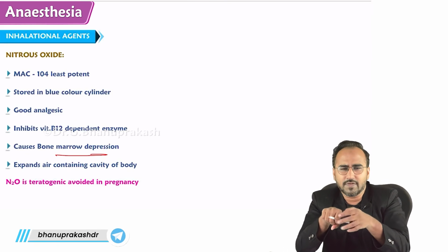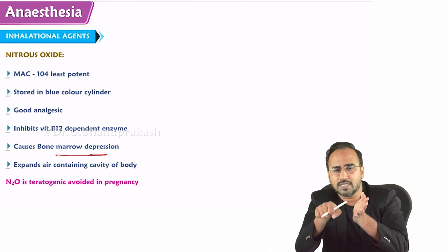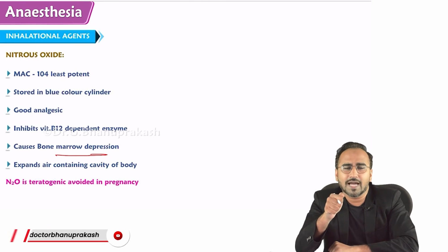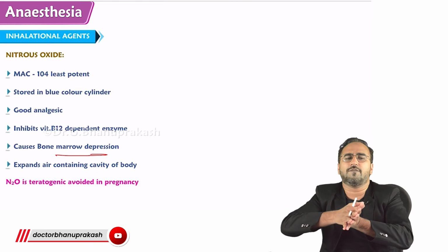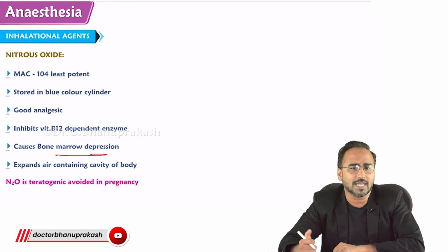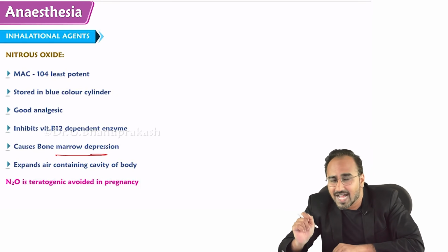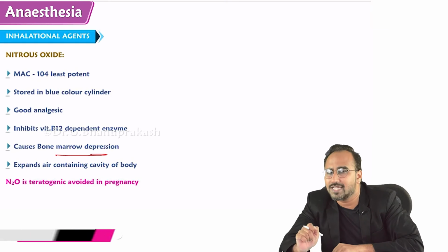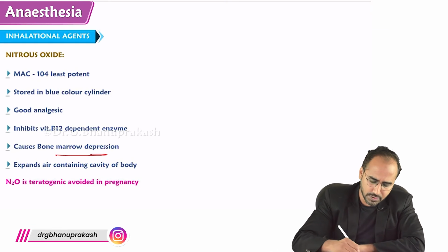Remember, if the intestine is obstructed, the part proximal to the obstruction will be dilated, yes or no? So nitrous will go towards the dilated part and further inflate it, which can cause rupture of the intestine also. So nitrous has the ability to expand air-containing cavities. Hence, it is avoided in closed loop surgeries.